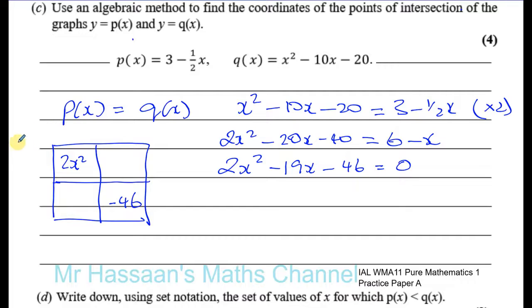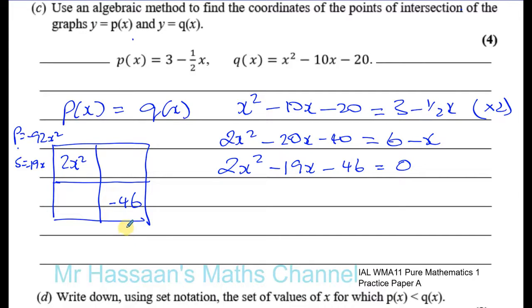So I'm looking for a product of negative 92x squared, and I'm looking for a sum of minus 19x. So the product is negative 92x squared.